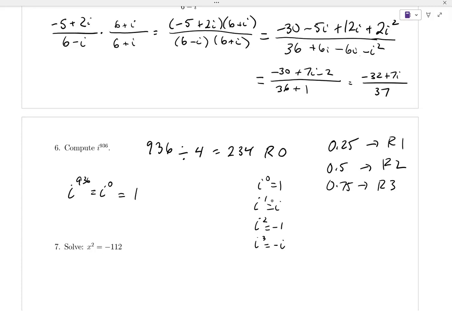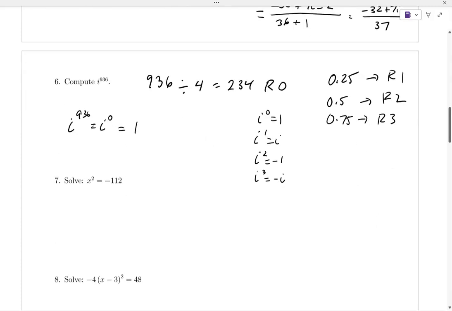Because you replace it with remainders. Okay. All right.